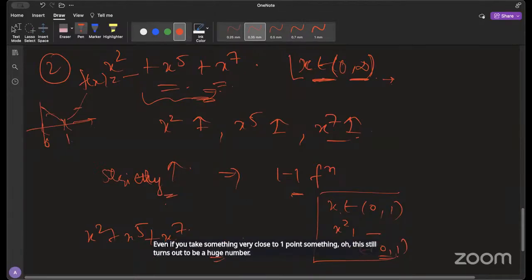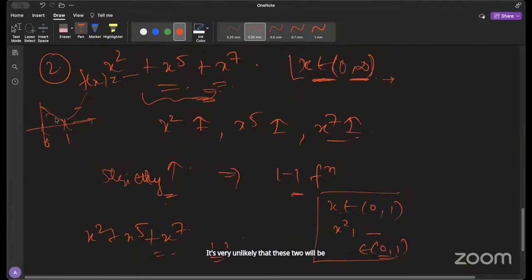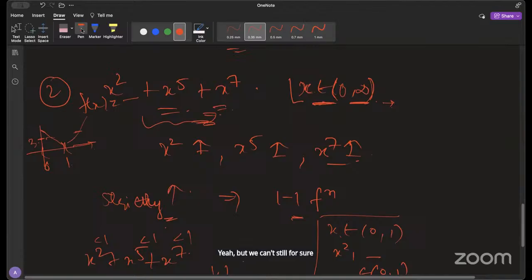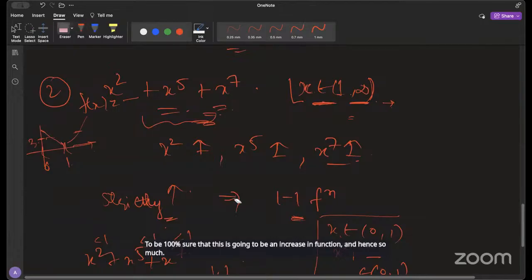So most likely this will take a very small value. All of these are less than 1, so they can't take a value greater than 3, obviously. But we still can't say for sure that they won't be the same. So let's just take 1 to be 100% sure that this is going to be an increasing function and hence 1-1. Is that okay now?